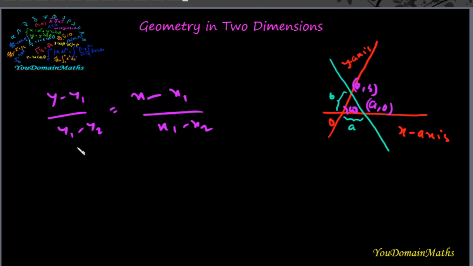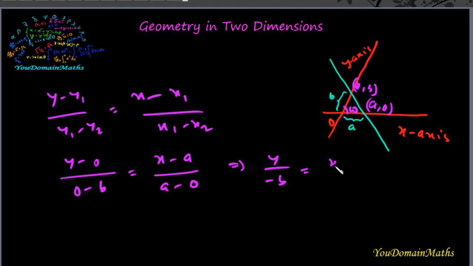Putting this, we get y minus 0 by 0 minus b equal to x minus a by a minus 0. Simplifying this equation, y by minus b equal to x by a minus 1, and this can be written x by a plus y by b equal to 1.